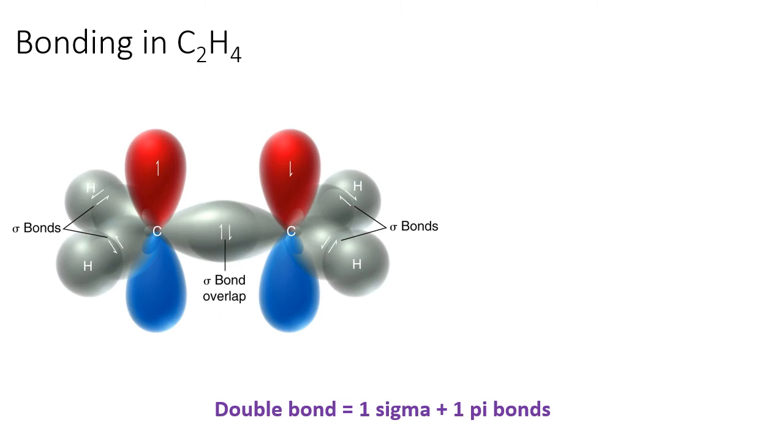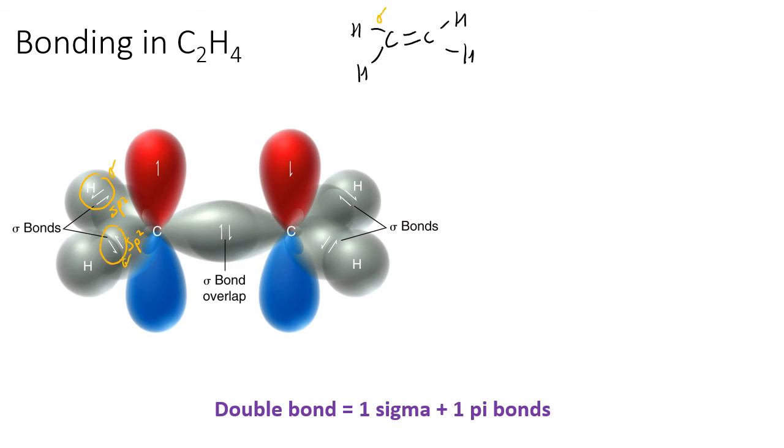So remember, we have to form a double bond. If we redraw our Lewis structure really quick for ethene or ethylene, we have to describe the bonding, and we have to describe more than just a sigma bond at this point. We're going to have quite a few sigma bonds that form, but we're also going to have another important new type of bond. So between an sp2 hybrid orbital and hydrogen on each side, we form 2 sigma bonds right there.